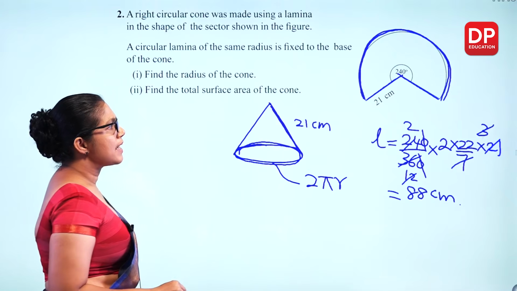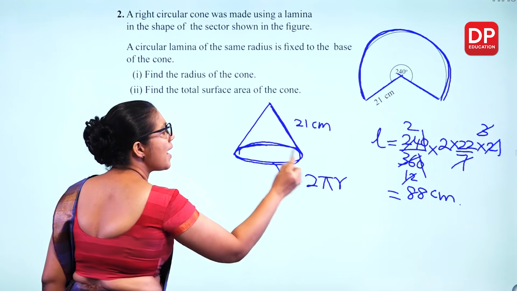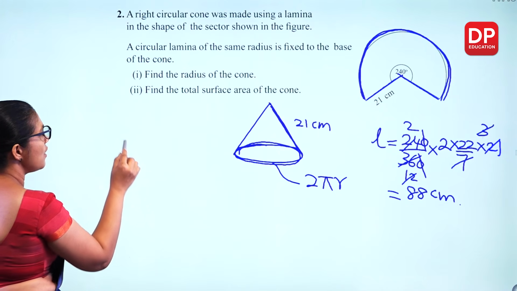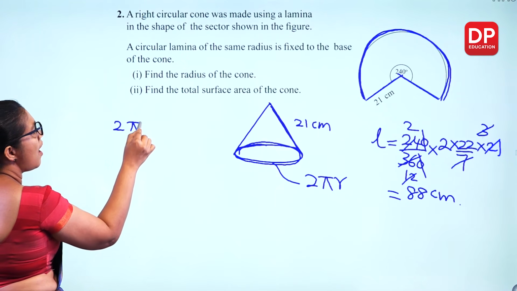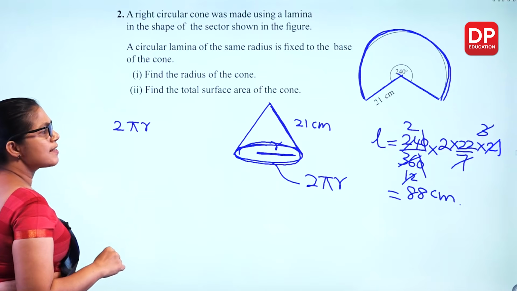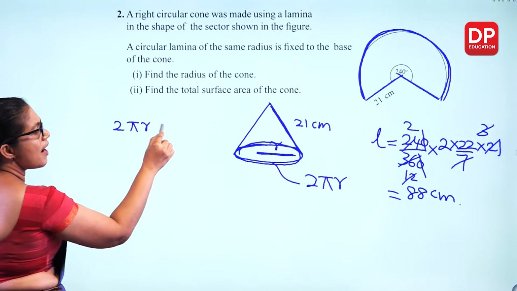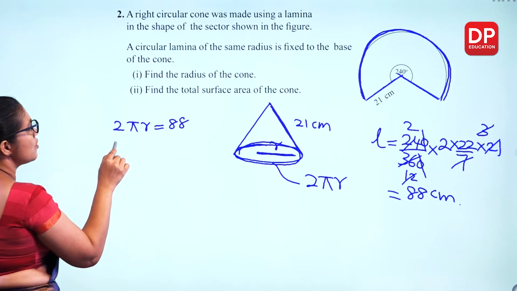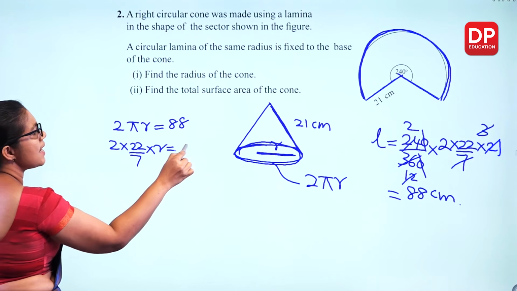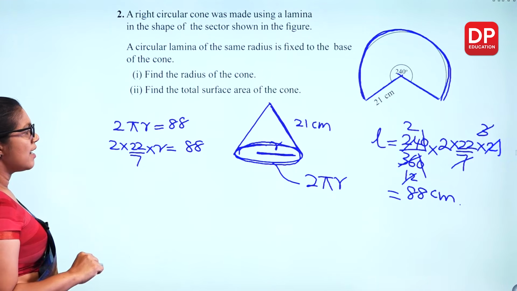So that becomes the 2 pi r of that one. So you can use that formula 2 pi r. Now r is the radius of this cone. 2 pi r becomes 88. 2 times pi is 22 over 7 times r is 88. Find r.